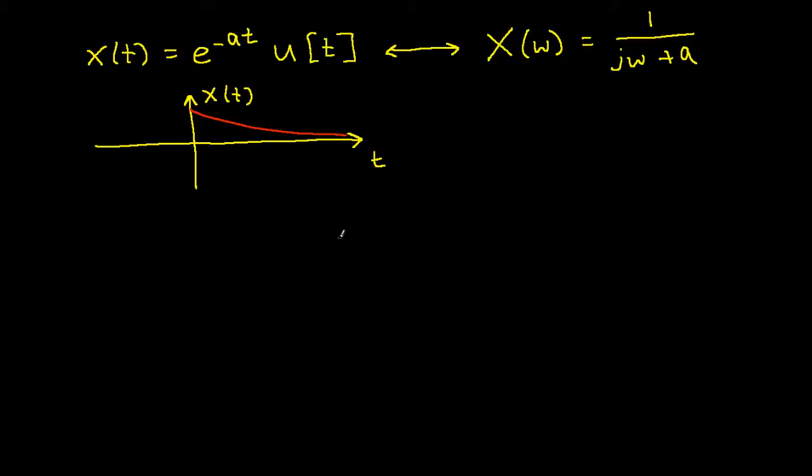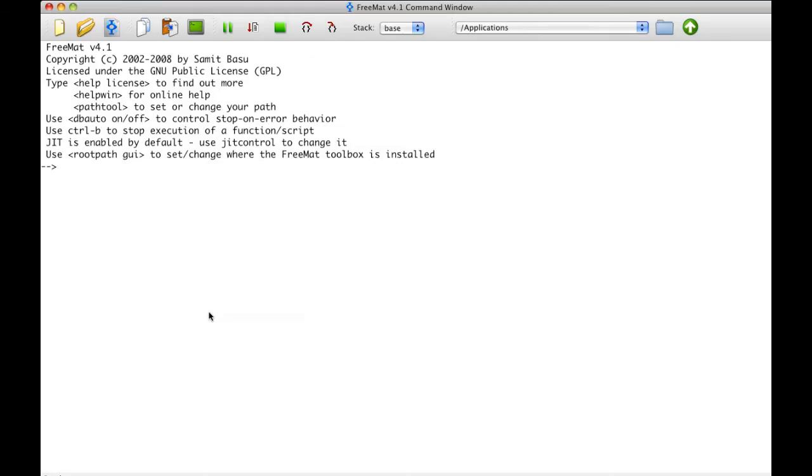In the time domain, we have x of t is e to the minus at, and the u of t here just says that it's 0 for values of t less than 0. The Fourier transform of this, as you can easily compute, is x of omega equals 1 over j omega plus a. So we bring up FreeMat, my current MATLAB replacement of choice, and we'll use it to graph the real and imaginary parts of x of omega, and then the magnitude and phase parts of x of omega.